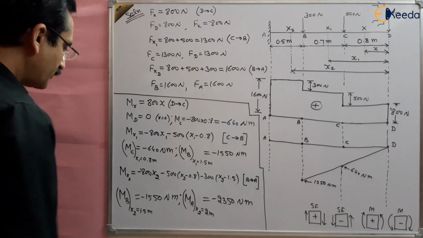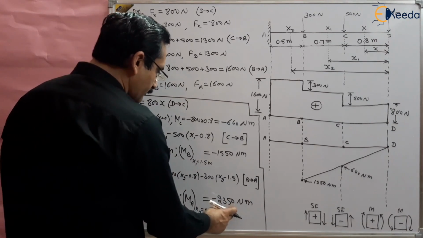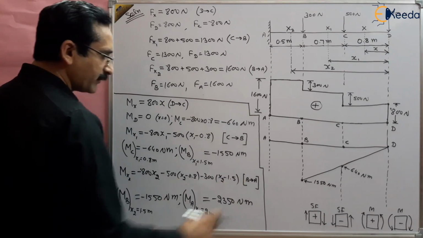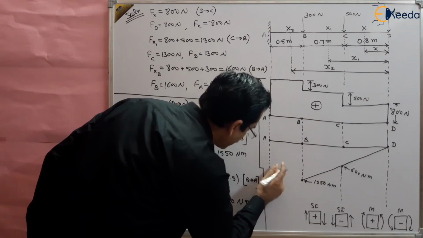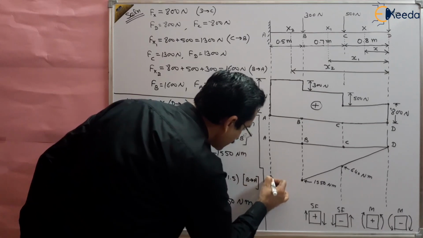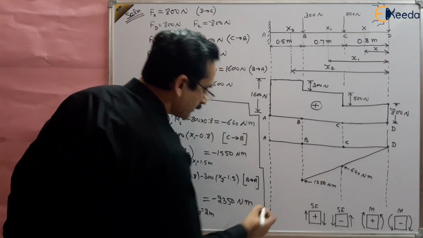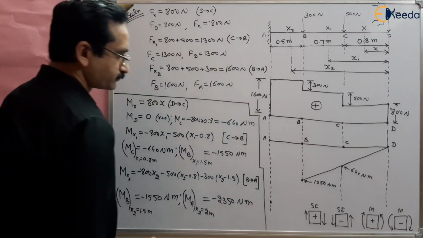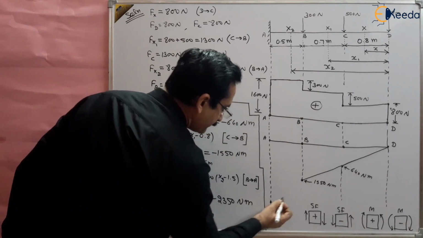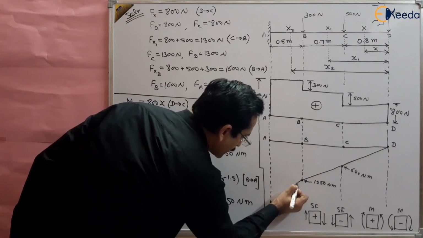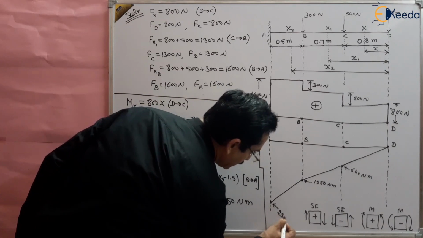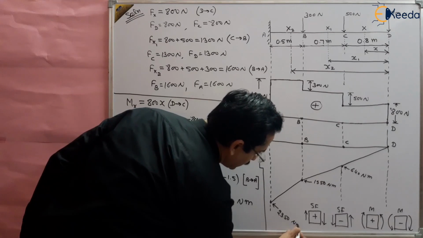So 1550 to 2350 with a linear variation. This is a linear line, right? Suppose this is 2350 somewhere here. Make a linear line from here to here like this, and this value is 2350 Newton meter, right?